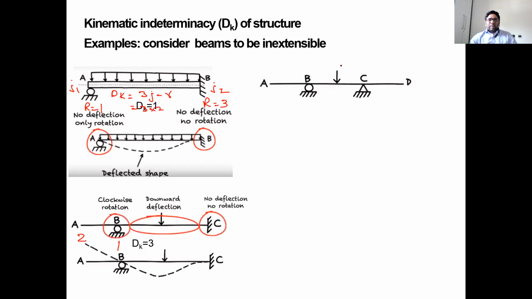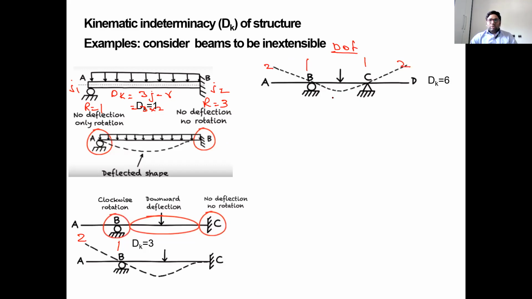Then this is another example. So here we will have 2 degrees of freedom. Degrees of freedom, 2 here, 1 here, 1 here, and 2 here. Total it will be 6.